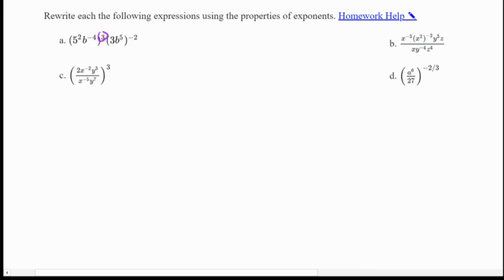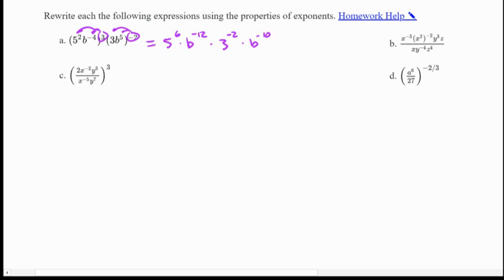So for A here, I'm going to distribute this exponent to see what we get. In this one, I am going to get 5 to the power of 6 and b to the power of negative 12 times 3 to the power of negative 2 times b to the power of negative 10.